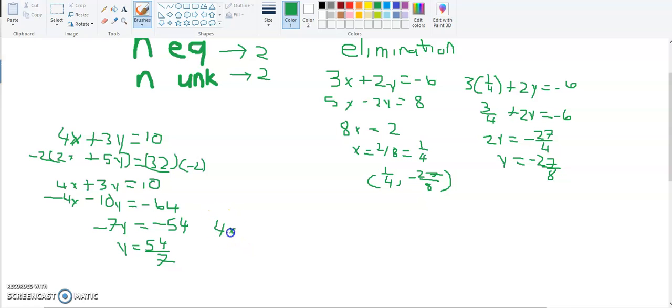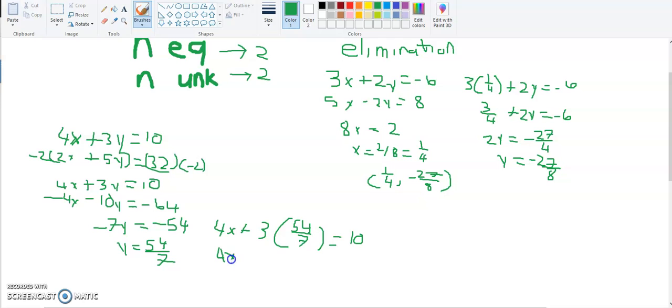So I have 4x plus 3 times 54 over 7 is equal to 10. 3 times 54 is, let me just pull it up on my calculator really quick what that is. 162.